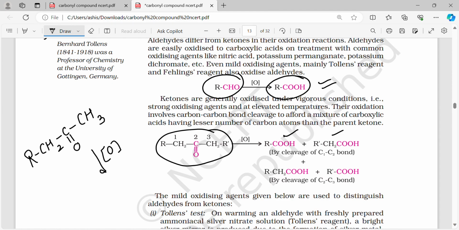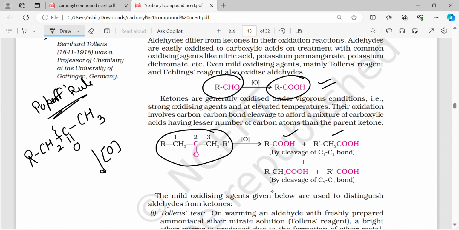So what happens if we are using RCH2 C double bond O with CH3, and we are using vigorous conditions? This ketone can also convert into carboxylic acid.